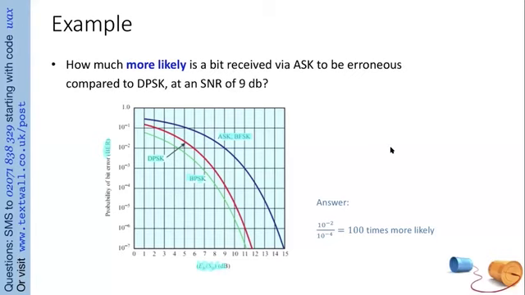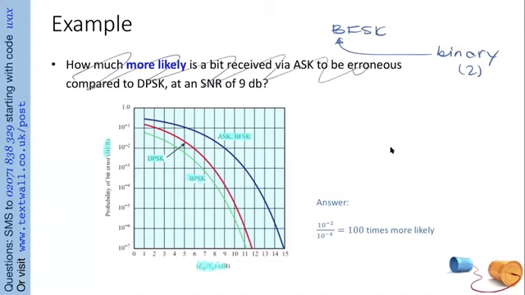What does BFSK mean? So BFSK, the B just means binary. So that just means 2. So ASK and FSK. So before we answer this, forget the question for now. Just looking at the graph, for a given signal to noise ratio, which is better?